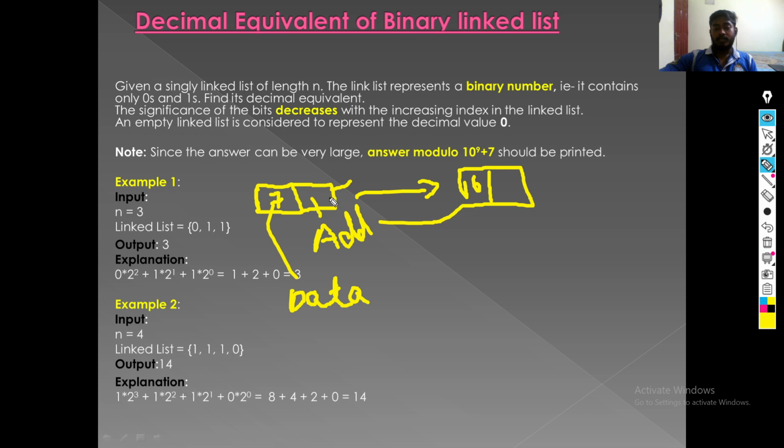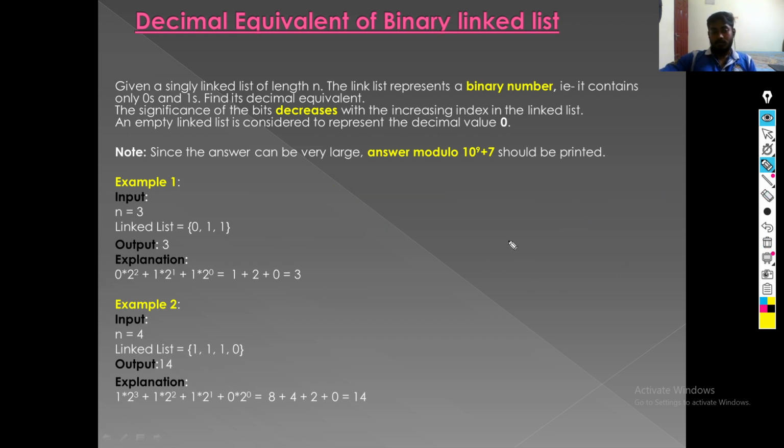This place will contain the address of this node, and this place will contain the address of another node. Likewise, it is linked to every node. That is the reason we are calling it a linked list. I hope you guys have understood this. This is a very minimal definition of a singly linked list. Okay, let's move into the concept of how we are going to solve it.